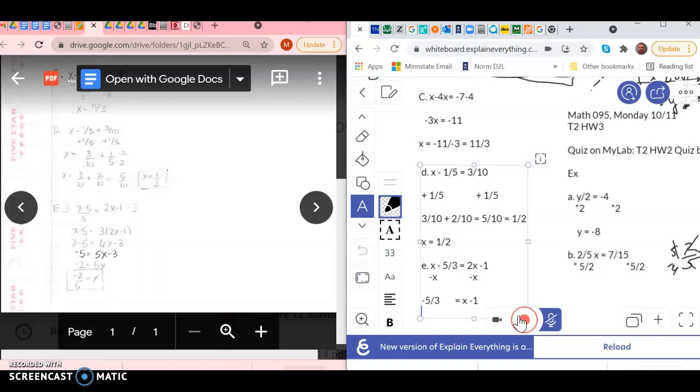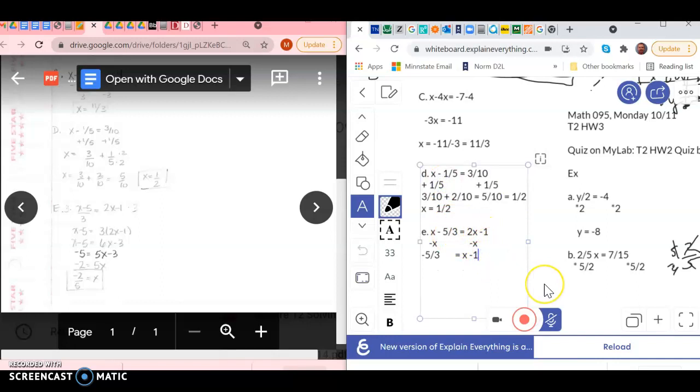Whenever you add 1, though, you need to think of 1 as 3/3. So we think of it as minus 5/3 plus 3/3, and you can only look at the top number, so negative 5 plus 3 would be negative 2/3. That's going to be our x value for E.